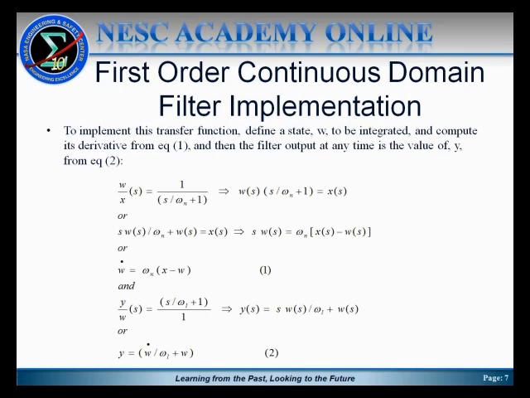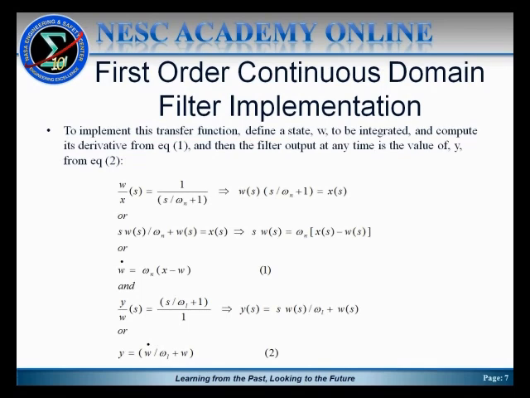Now recall the s operator in the Laplace domain is a time derivative. So then that equation, the second equation just above what's denoted as equation 1, can be written in the time domain as w dot equals omega n times (x minus w). Or the current time derivative of w is omega n, the lag frequency, times how far away it is from the input, x minus w.